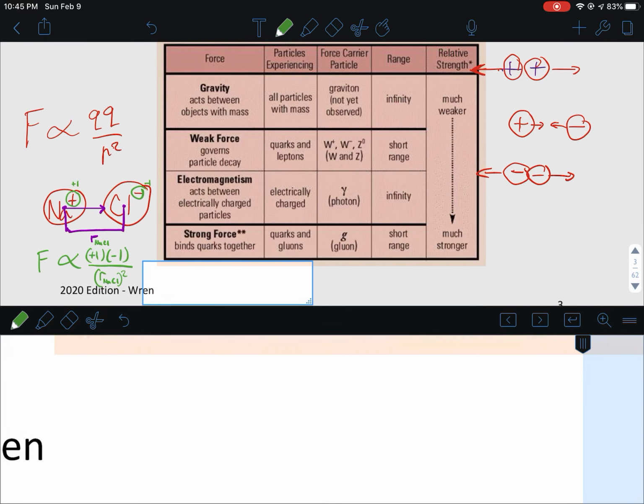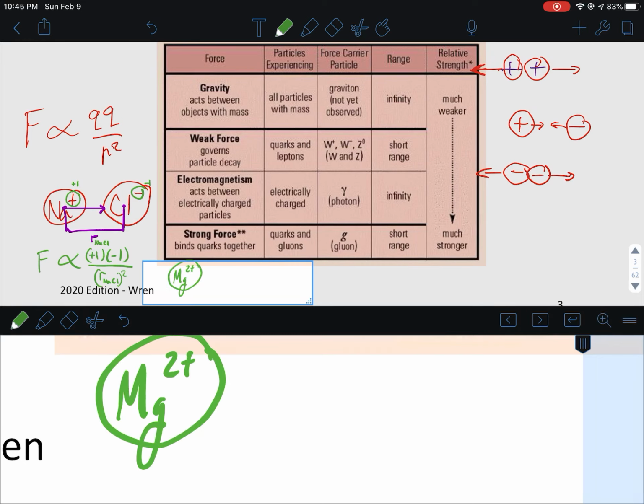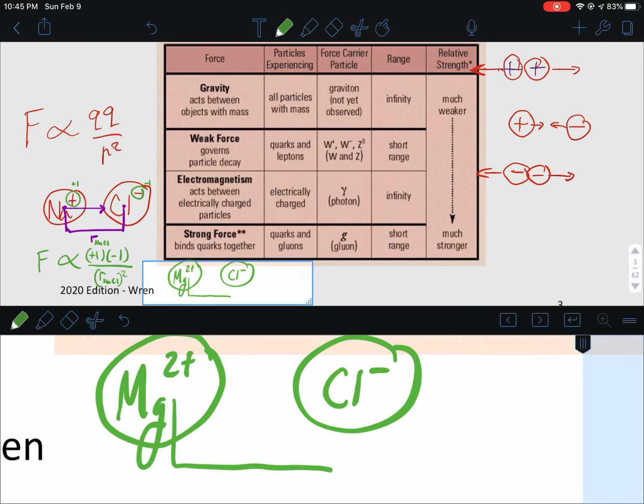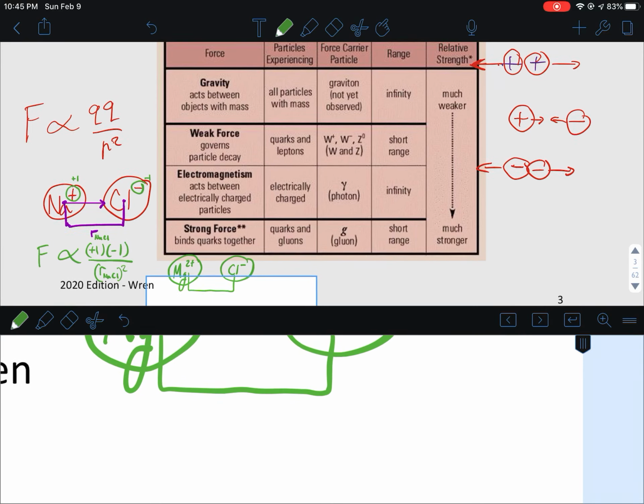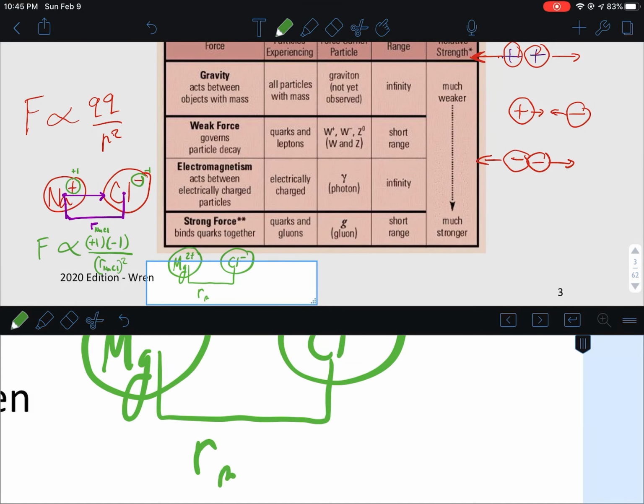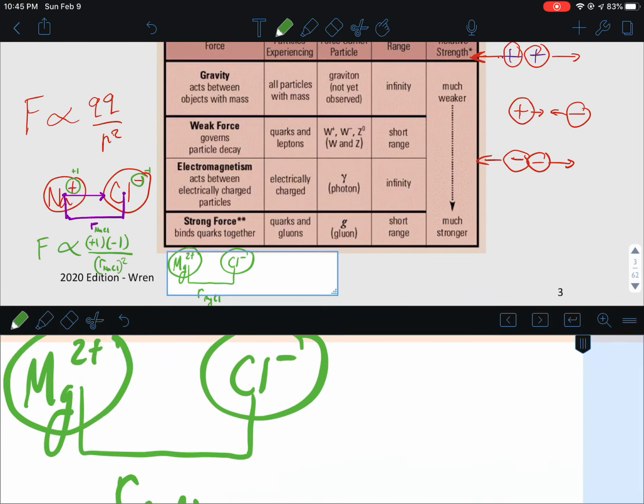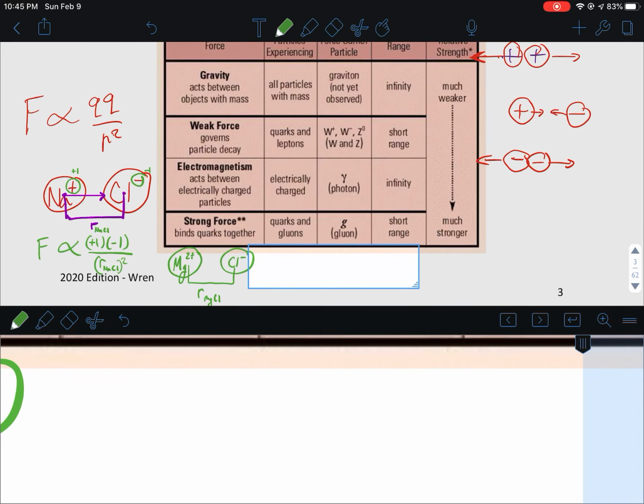I'm just going to do one more example, a magnesium 2+ ion and a chlorine minus ion. Now the distance is going to be a little bit different, because the spacing is relative to magnesium chloride, and each element on the periodic table is a different size.